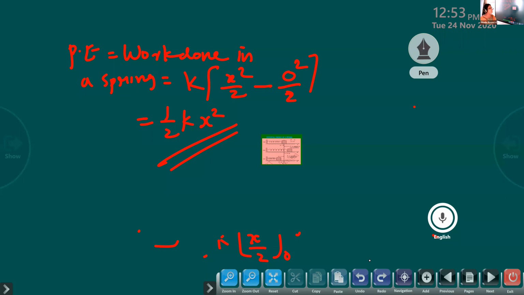It does not depend upon the path. Yesterday we learned this.